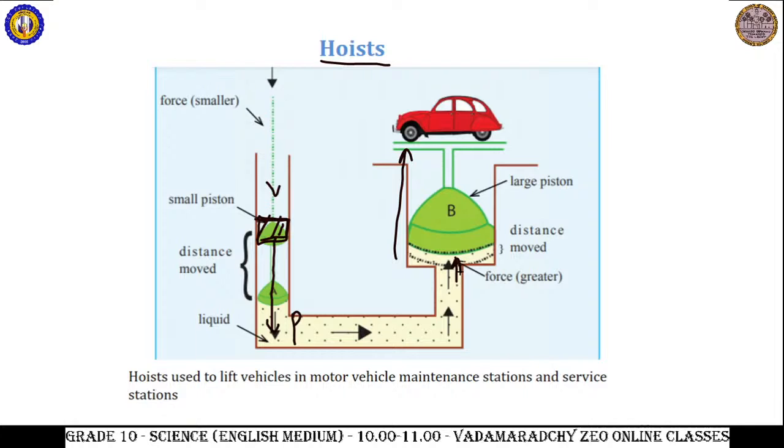So this pressure exerts a force on the large surface area piston. This is the basic principle. When the force exerted by the liquid is greater than the weight of the vehicle, we know the weight of the vehicle is mg.